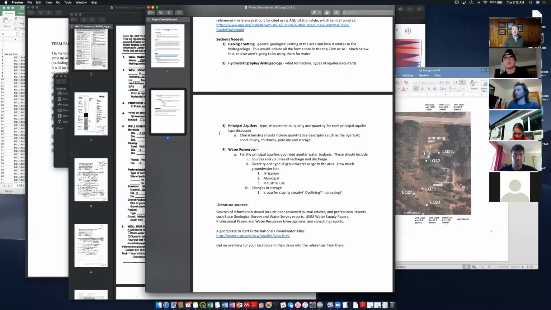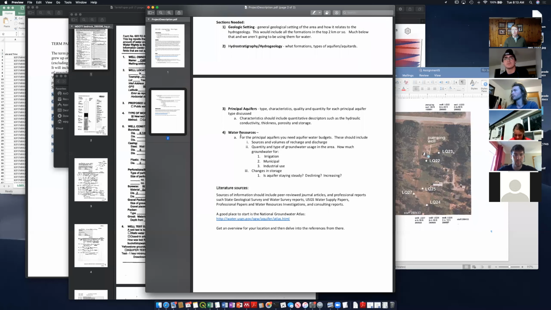And then finally, you're going to do a water resources section. For these principal aquifers, you're going to try and create basic water budgets. So what are the sources and the volume of recharge and discharge to the aquifers? What are the quantities of groundwater usage in the area?